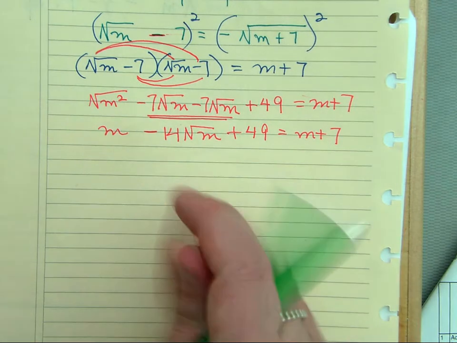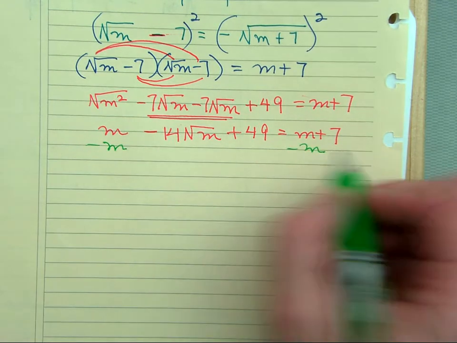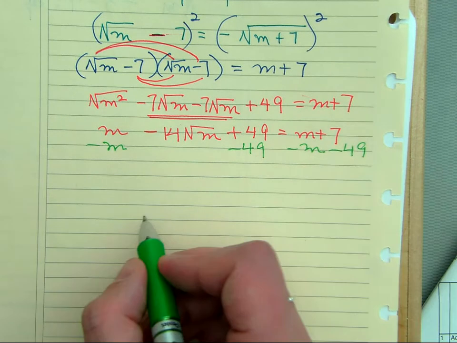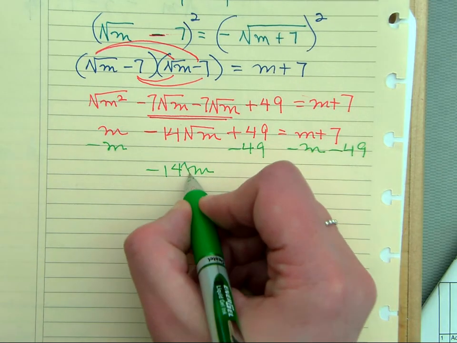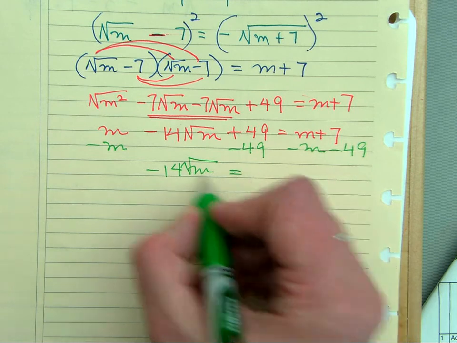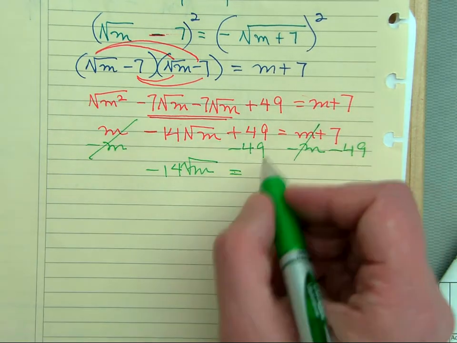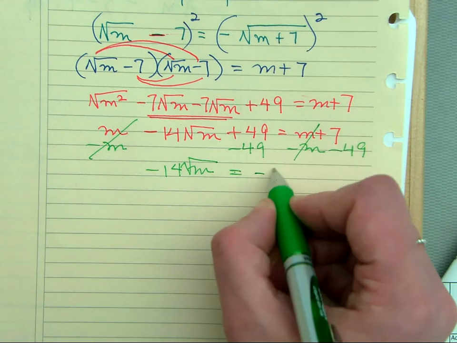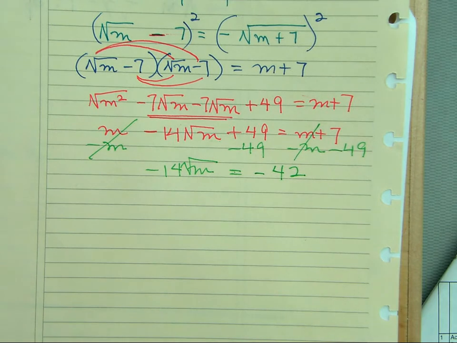So if I subtract m from both sides and subtract 49 from both sides, I'm going to get negative 14 square root of m equals negative 42. Is that right? Yeah? Okay, good. Check my math, because I can be wrong sometimes.